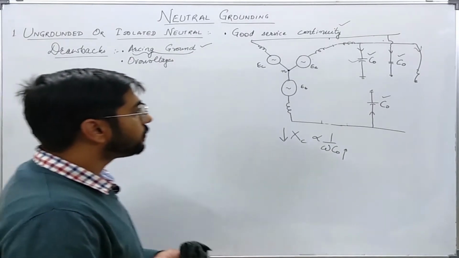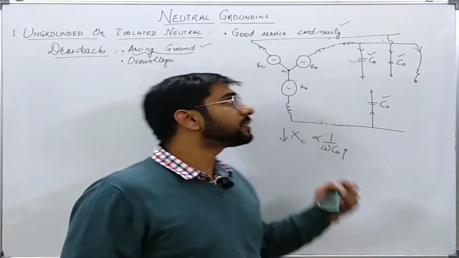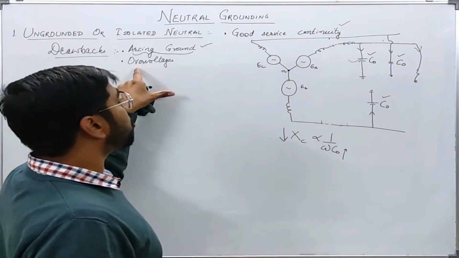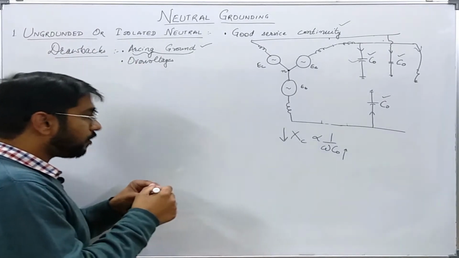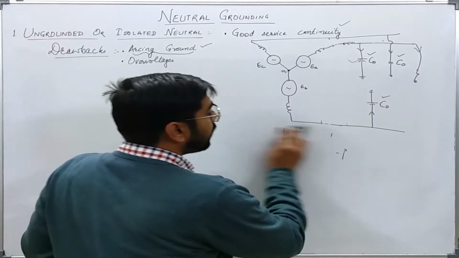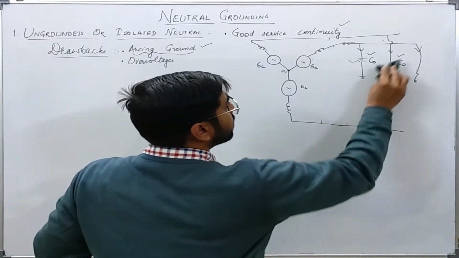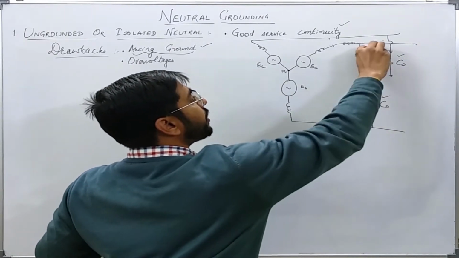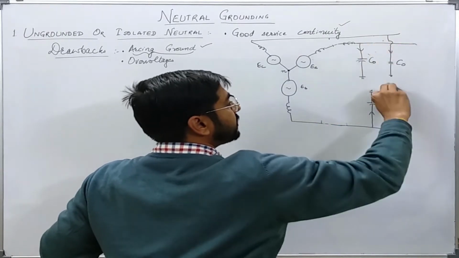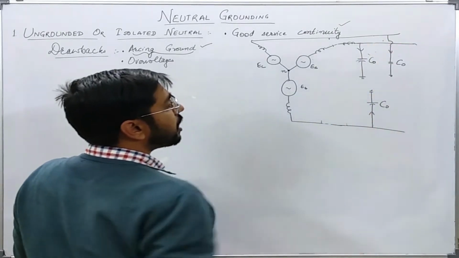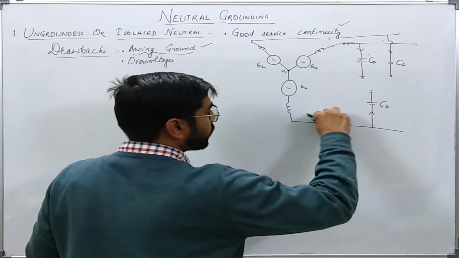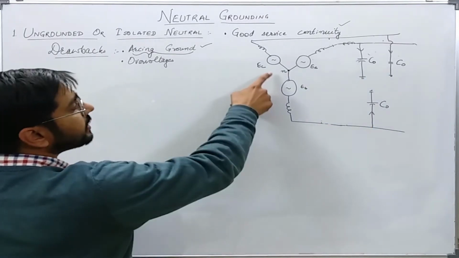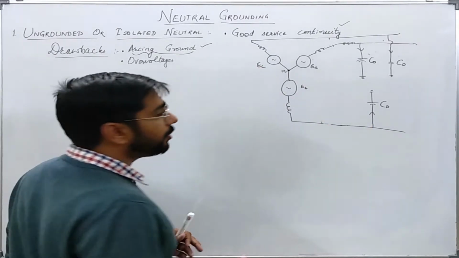Now we will see how this kind of scenario may result in over voltages. Let us say this is a case in which we are showing the capacitances to the ground for each phase, and the system is isolated neutral.